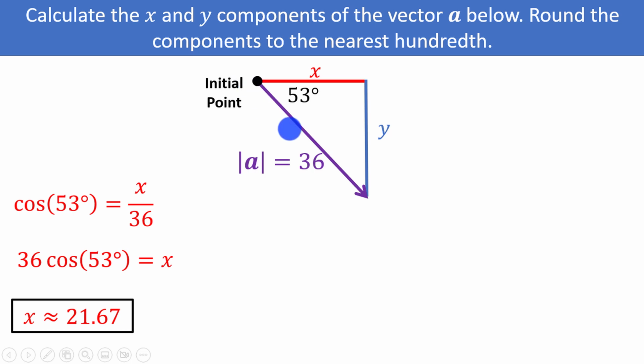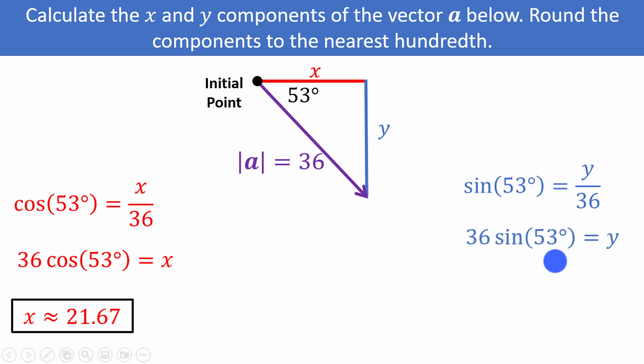We can do the same thing to solve for y. We need the trigonometric function that relates to the opposite side to the hypotenuse, which is sine. Sine of 53 degrees is equal to the opposite side of y divided by the hypotenuse of 36. If we multiply both sides by 36, we get 36 sine of 53 degrees is equal to y.